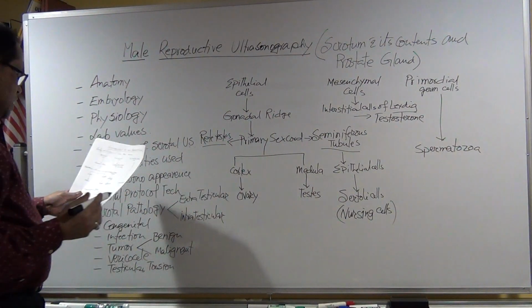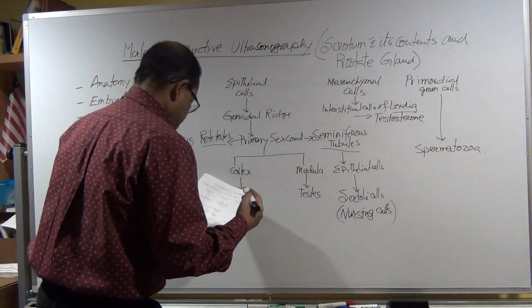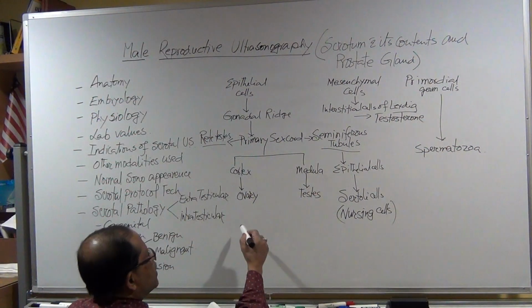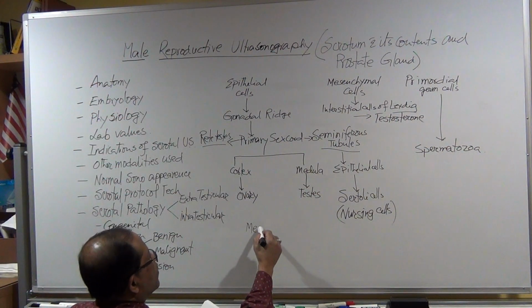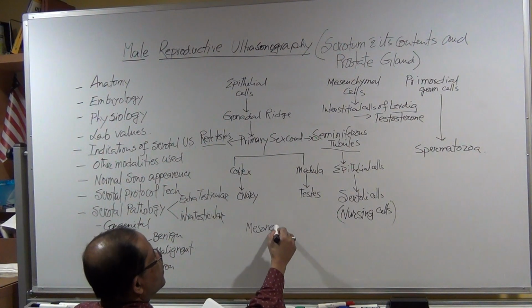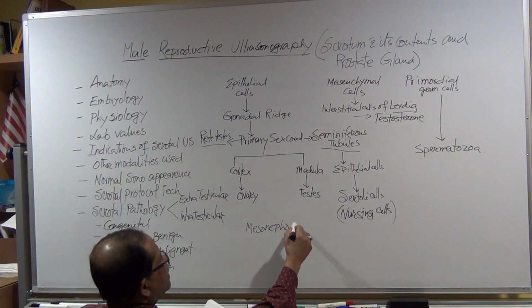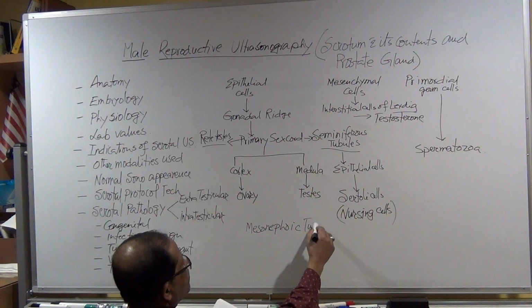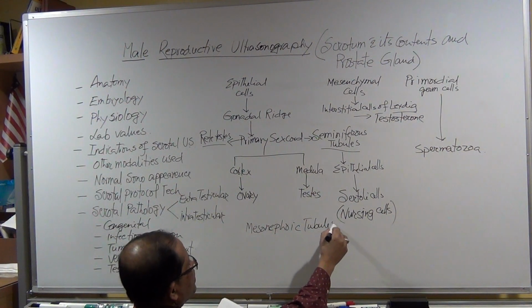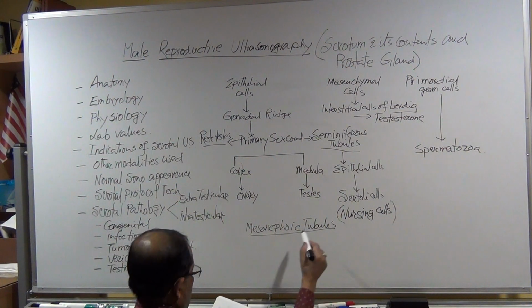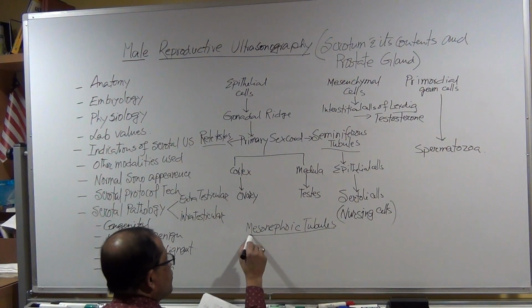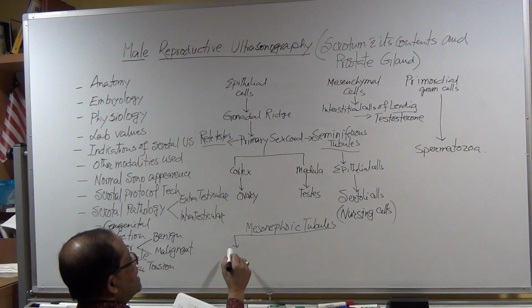Okay, so now mesonephric tubules will form 4 ducts.